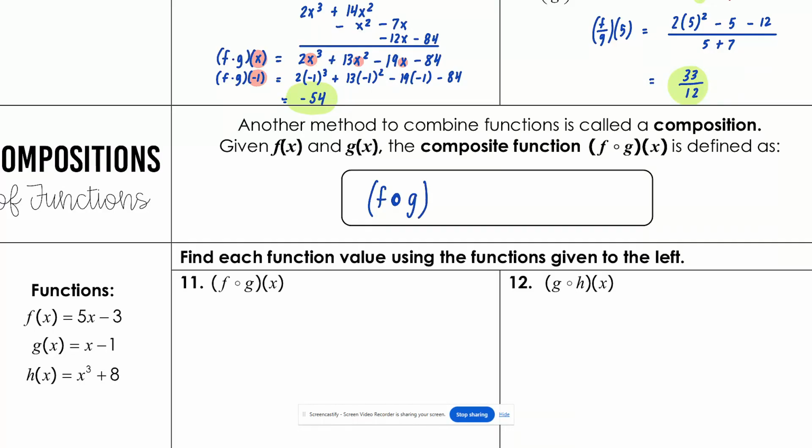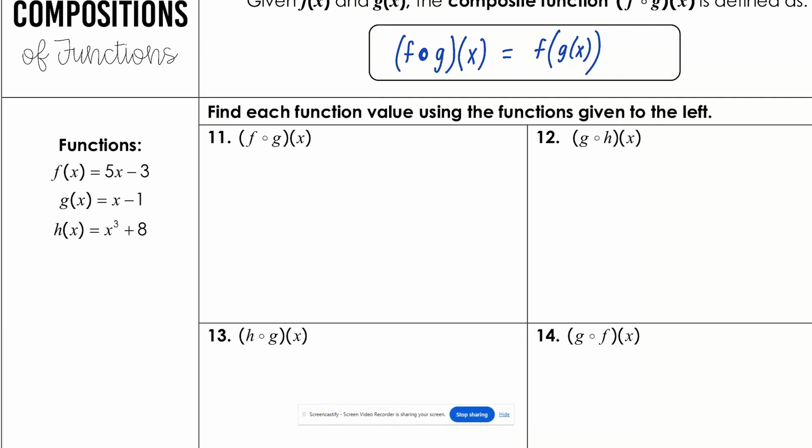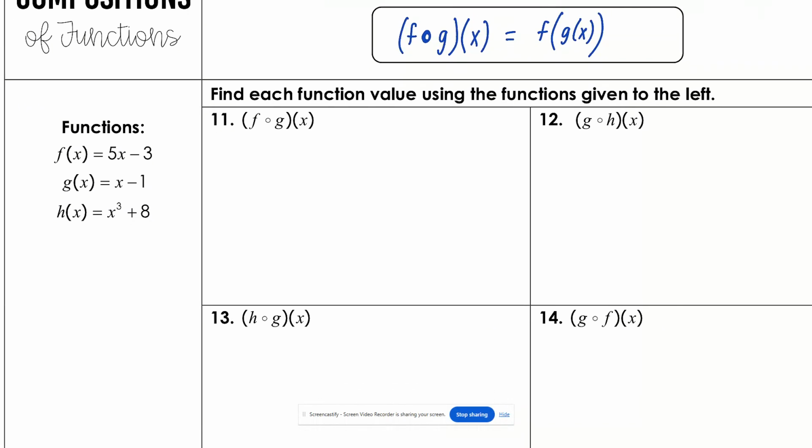It's representing composition of functions, but f of g of x means you're going to your f of x function, and everywhere you see x, you're plugging your g of x function into it. You're plugging a function into another function. Does that make sense? It might sound weird, but that's what composition of functions means.